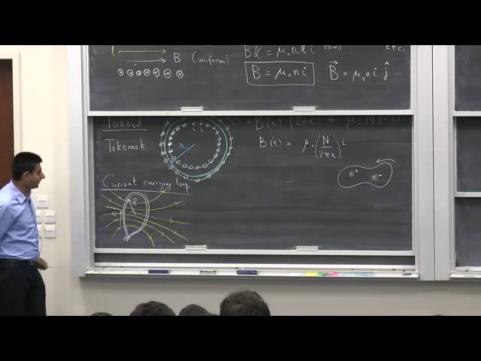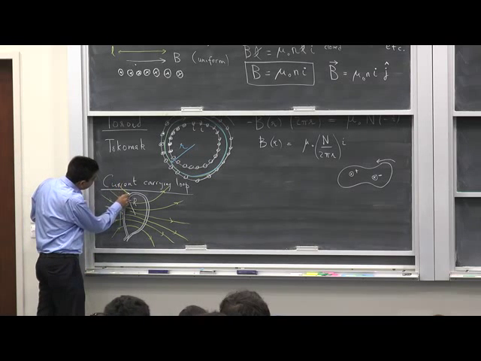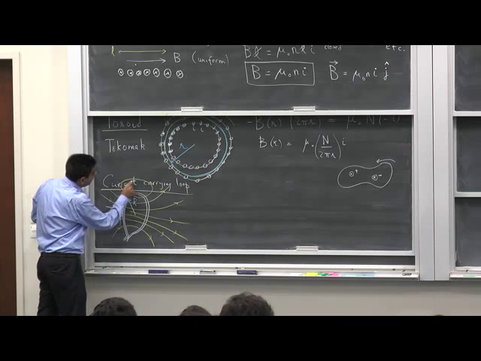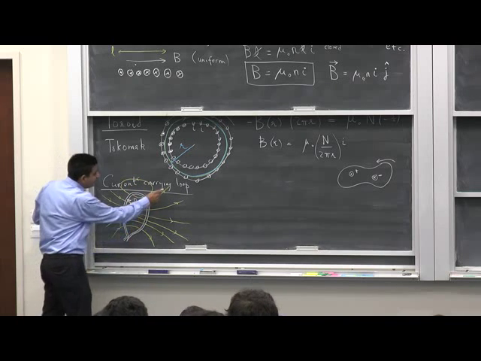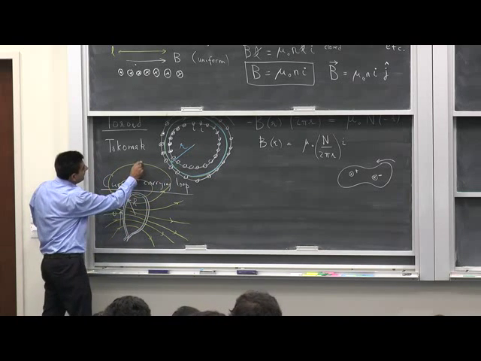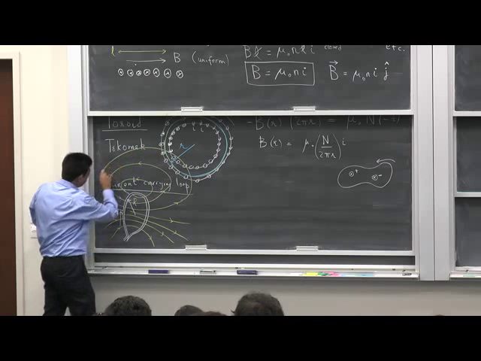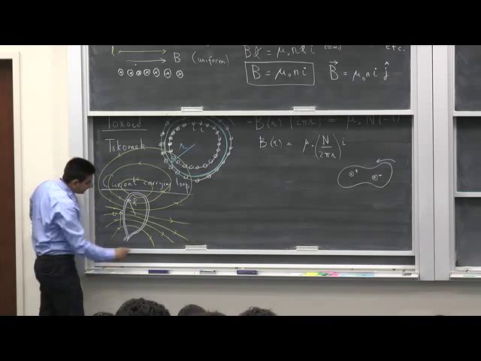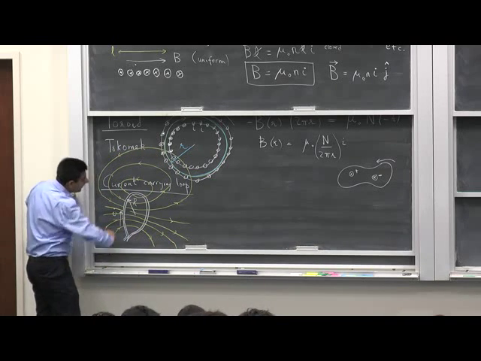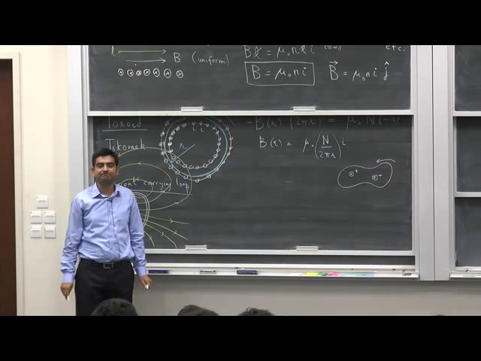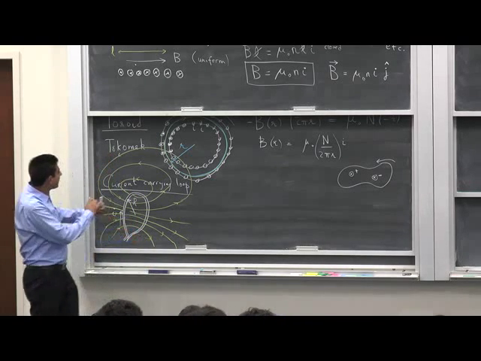This is what the field lines will look like. Right here, the field lines will actually turn around and come back here. These field lines have to turn around and come back. So this is the pattern of the magnetic field.